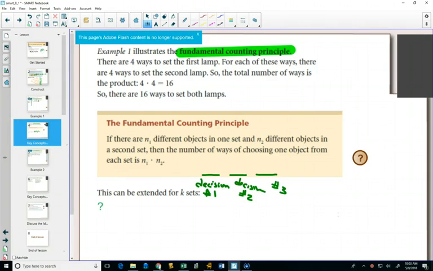So each space represents how many decisions you need to make. And then, for each decision, the number you put in that space is your number of choices for each of those decisions. Some decisions will have more choices than others, right?